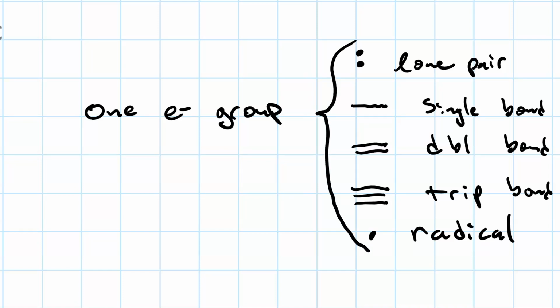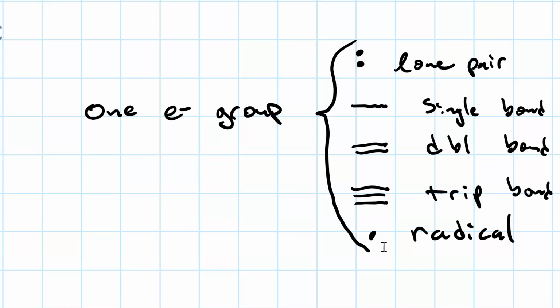Any one of these counts as one electron group, according to VSEPR theory, despite the fact that a lone pair and a single bond are 2 electrons, a double bond is 4 electrons, a triple bond is 6, and a radical is only 1. What's really going on here is that we care about the sigma electron groups.